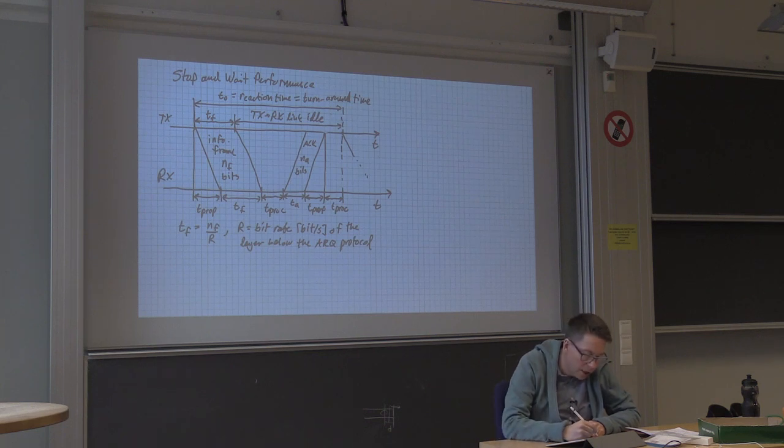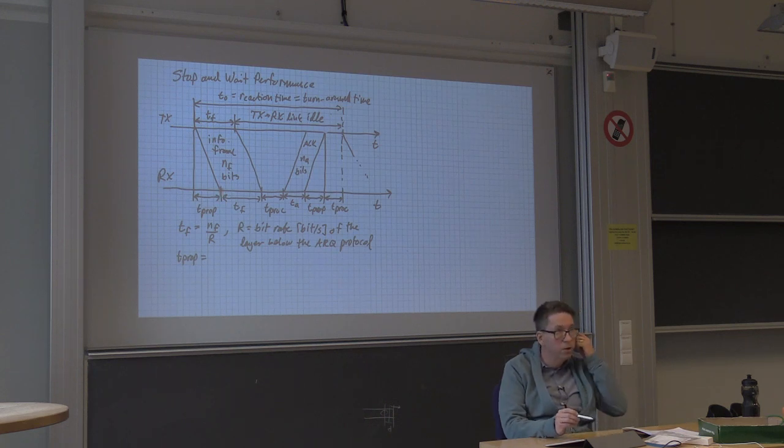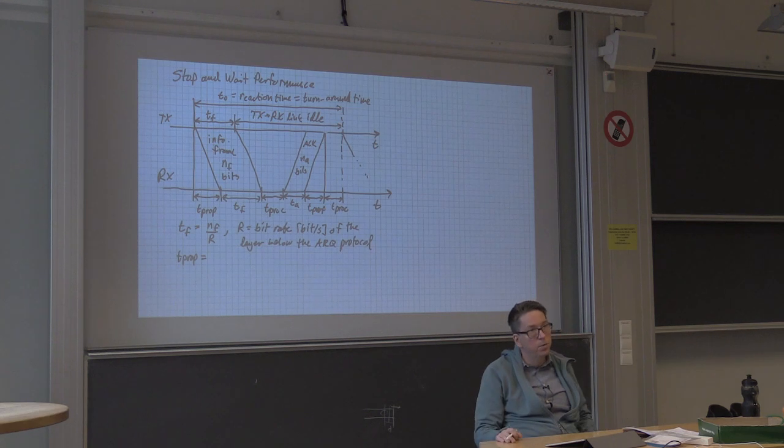The propagation time is the time it takes for one bit, or the first bit, or any bit, to reach its destination from when it's transmitted. The propagation time essentially has to do with the propagation speed and the distance between the transmitter and receiver.